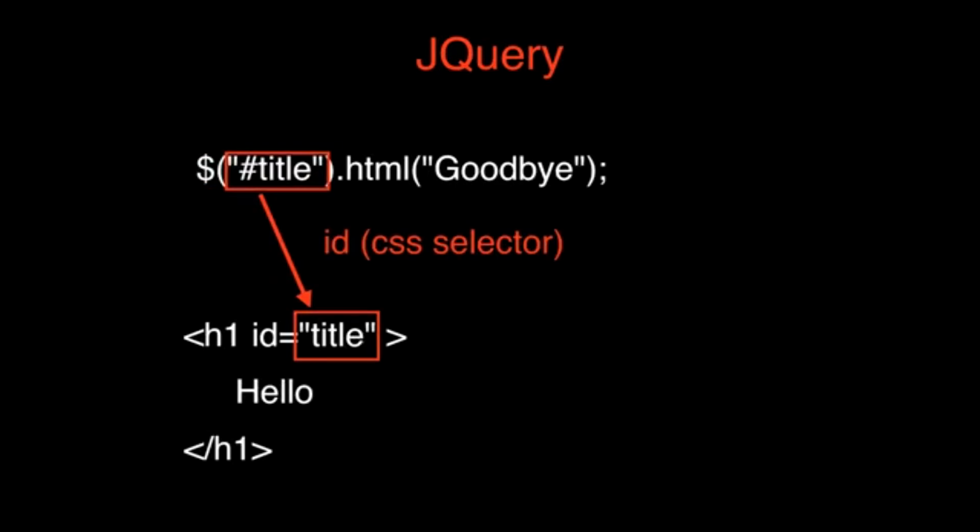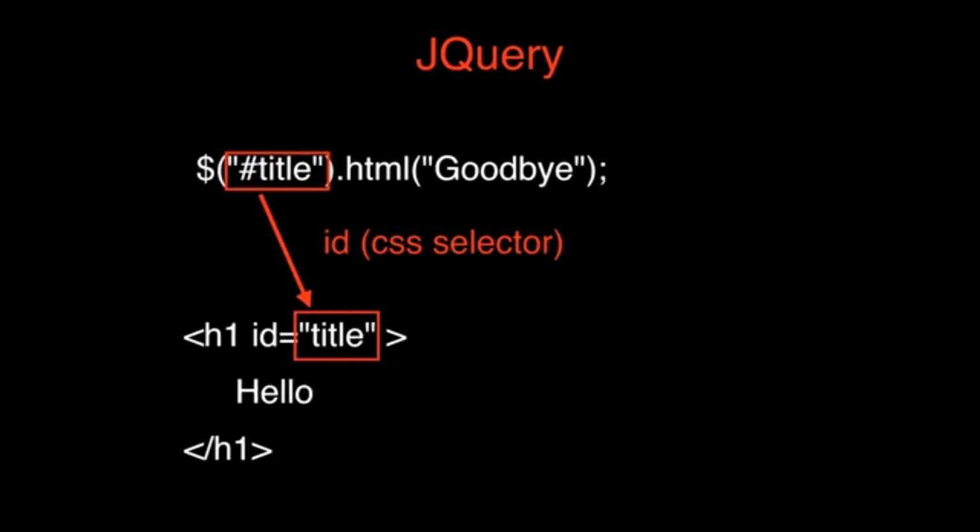The argument to the function is actually a CSS selector. So if you remember from the last module, a CSS selector is a way of accessing certain elements of a web page. And in this case, we're using the hash, and that means it's the ID of a particular element.